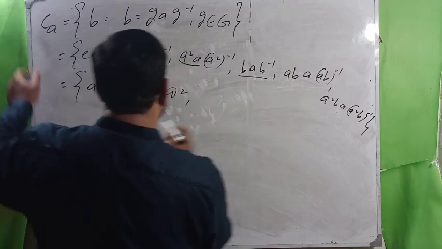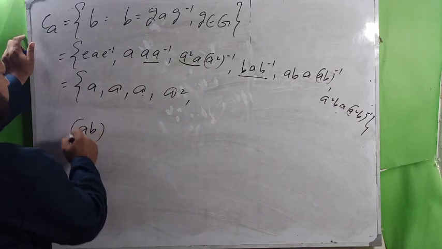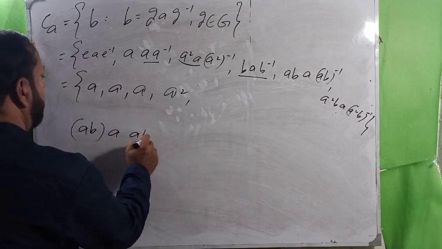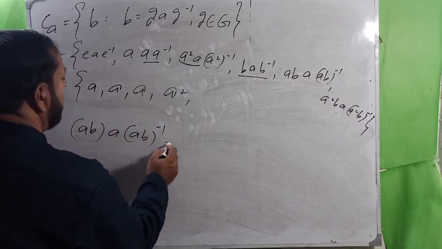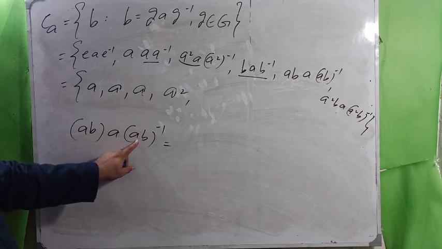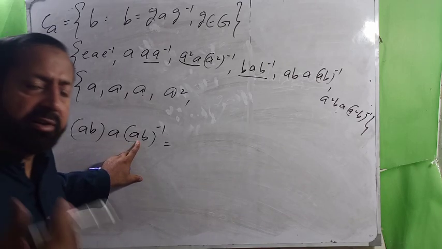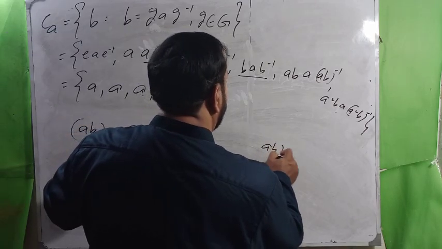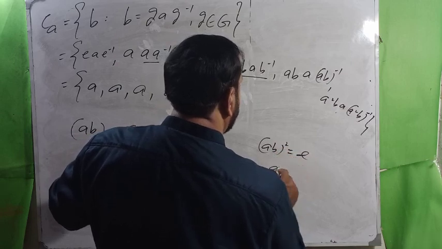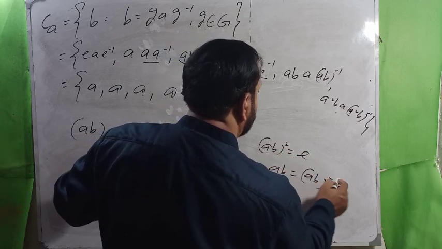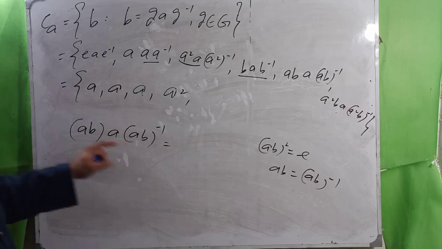So this element is AB inverse. You know, AB is an element of order 2. AB square is equal to E. So AB is equal to AB inverse. Remember, this is AB.